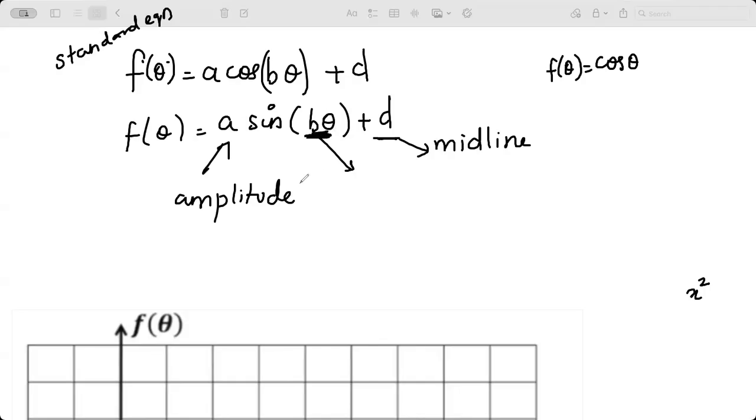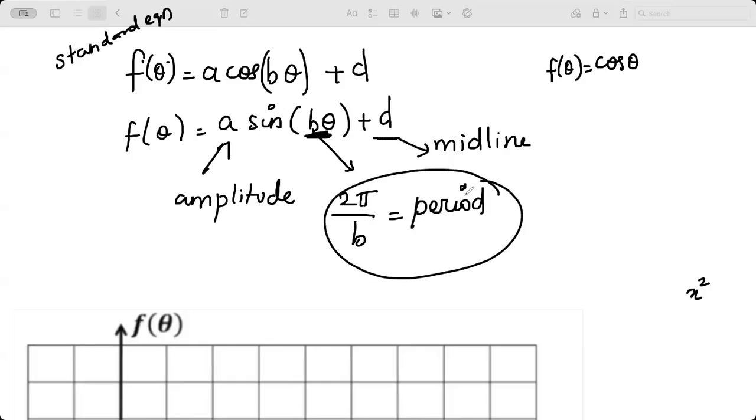How is it going to change? 2 pi by b is going to be your period. For any curve, 2 pi by b is your period. Or, if you want to write the equation, b can be found by dividing 2 pi by the period.